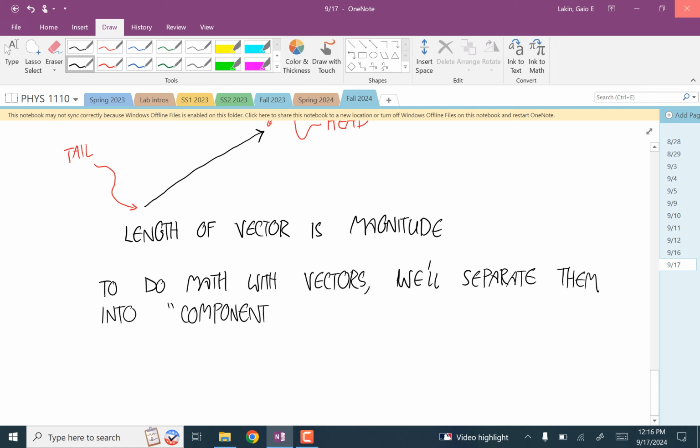And these components are a piece parallel to the x-axis and a piece parallel to the y-axis.